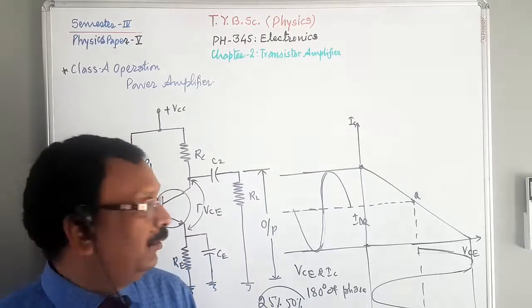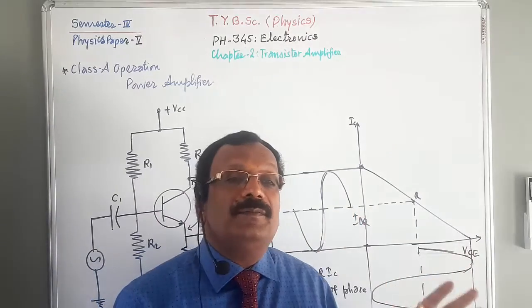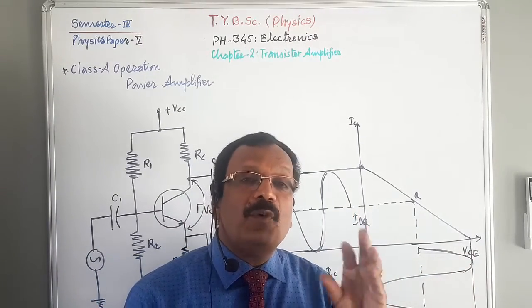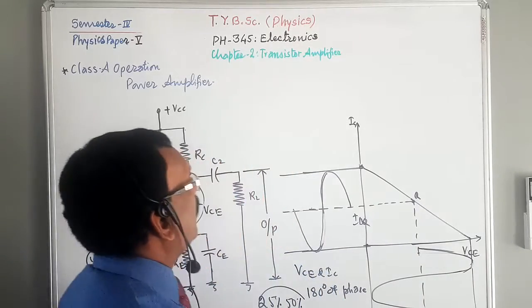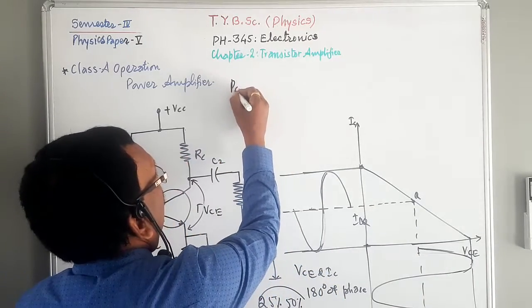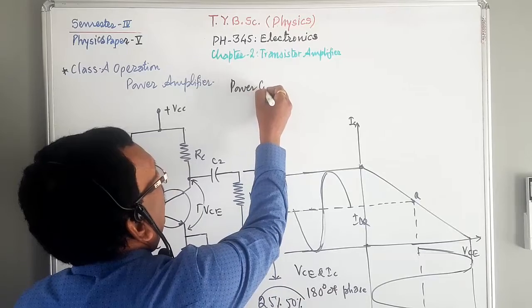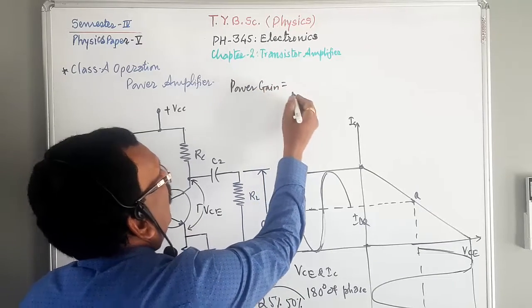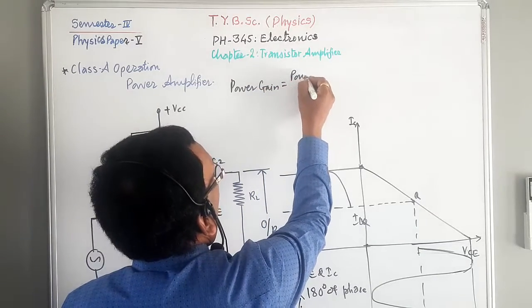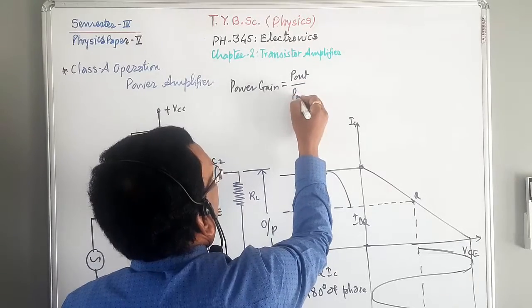Now here we are going to see some important terminology. Power gain. What is the power gain of this circuit? Power gain is the ratio of output power divided by input power.